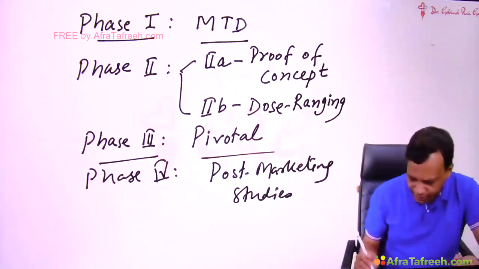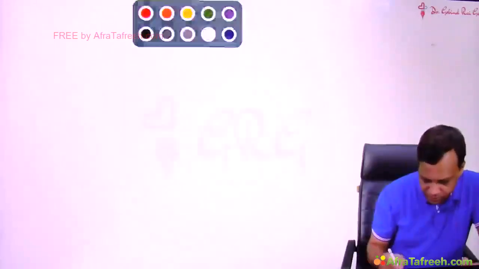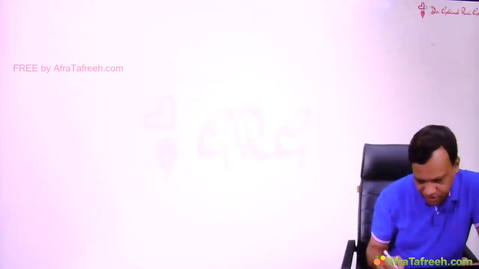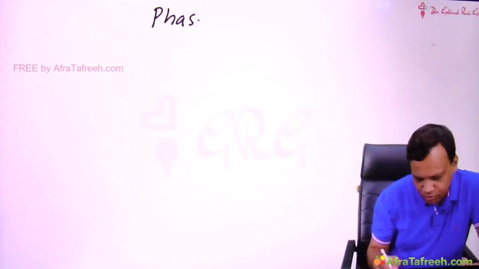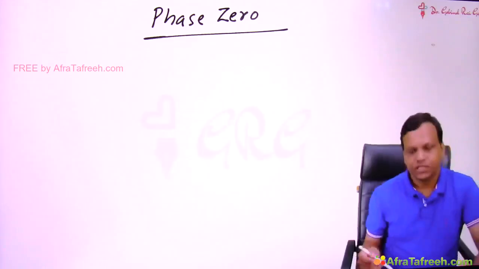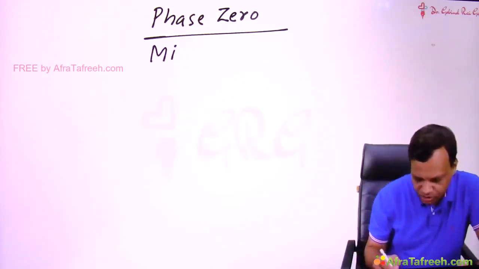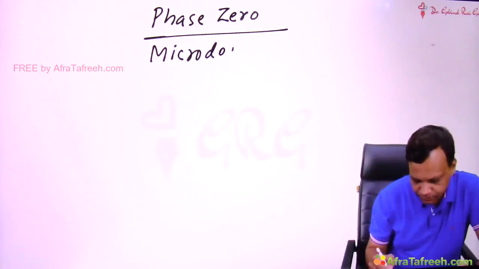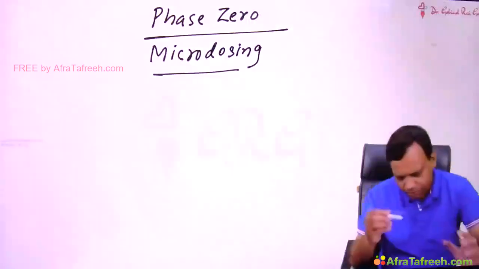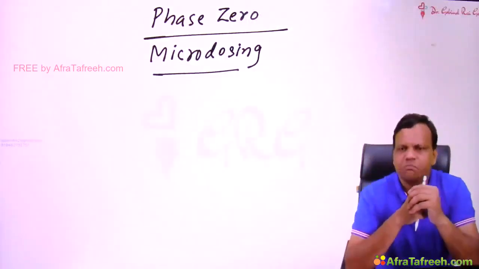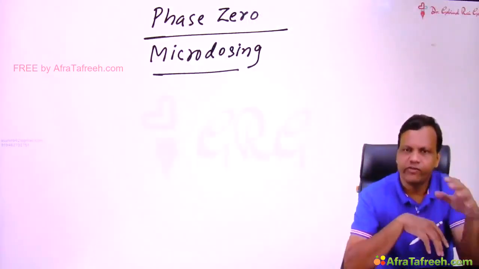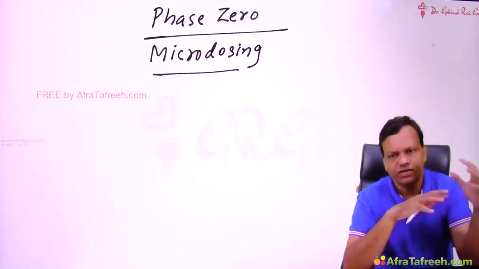Now in clinical trials, there is a separate study which is called phase 0 study. The other name of this is micro dosing study. Now, an important thing to remember: many drugs fail even after development.